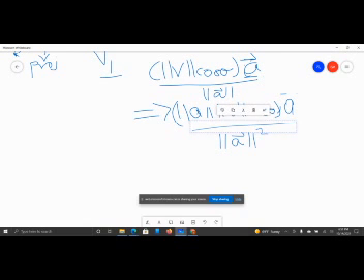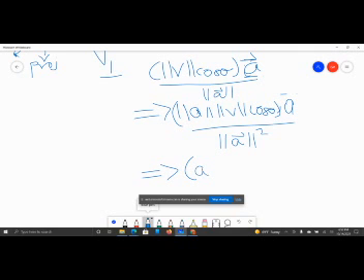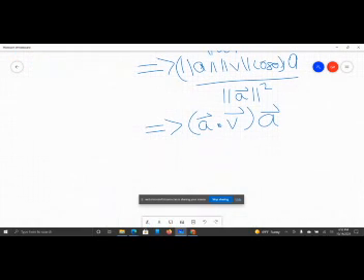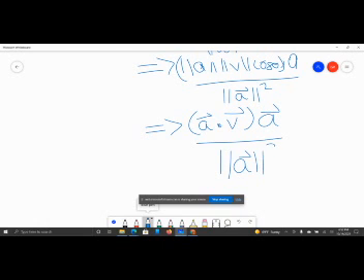And so the norm of A times the norm of V times cosine theta, you may recognize this form as actually being the dot product of those two. So we could just reduce it to that. A dot V times the vector A, divided by the norm of A squared.